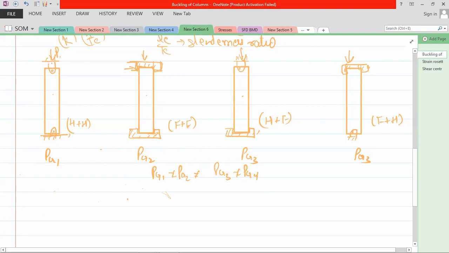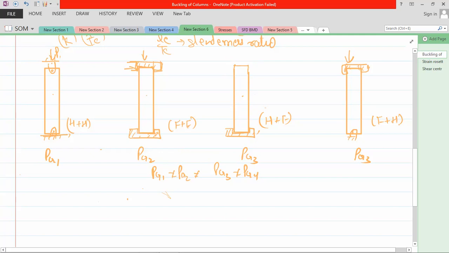One more thing, one thing I'm missing. Both are the same things. Now, what if I remove this support? So this is hinge and free end.